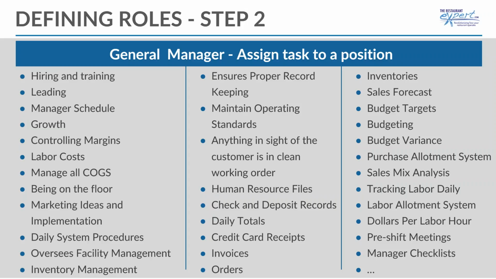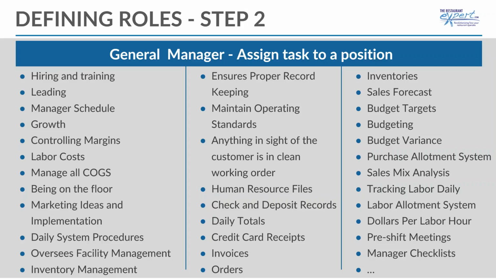We've got cash controls and budgeting and forecasting and dollars per labor hour and pre-shift meetings and manager checklists, and the list goes on. We know that the general manager is responsible for this. So depending on what your positions are, you know all the tasks that need to happen, and we're going to assign them to a specific job from that org chart. In this case, the general manager, here's a short list of those things that need to be done.